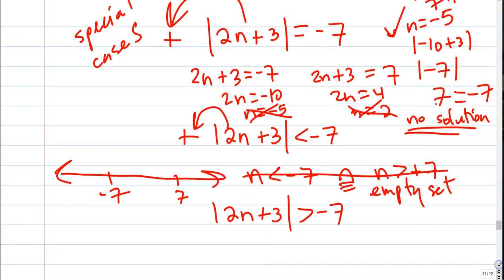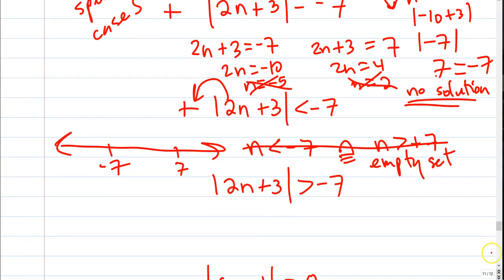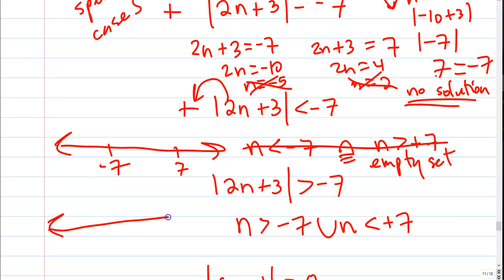Last but not least, what if I solve it when it's greater than? Well, I will get that n is greater than negative 7, and n is less than positive 7. These tend to be ors when they're greater than. So if I do greater than negative 7, less than positive 7, what did we shade?